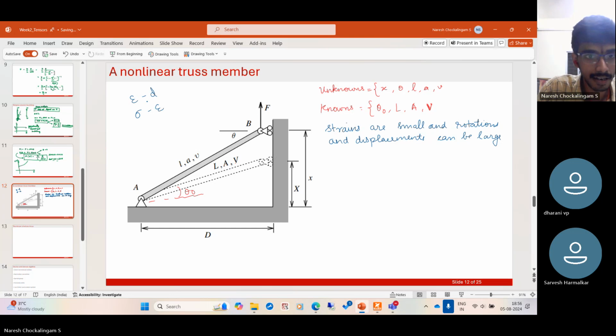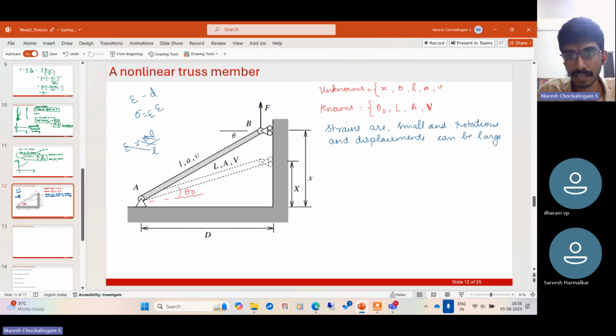If you have large strains, you cannot use strain as delta L by L, because delta L by L is linearly dependent on the displacement, so it is no longer valid. When you have big displacements, you cannot use this anymore. But let us assume that the strains are small, but the rotations are large, and this relationship, sigma is still equal to E times epsilon.